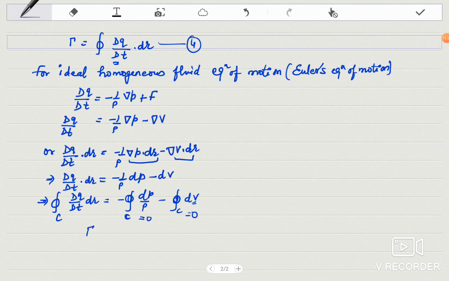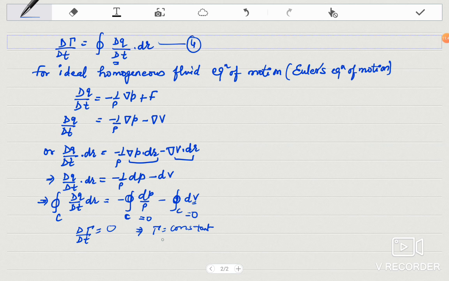So we are left with d gamma/dt equal to 0, because this was from 4, this was d gamma/dt. This is d gamma/dt equal to 0, which implies gamma is equal to constant.